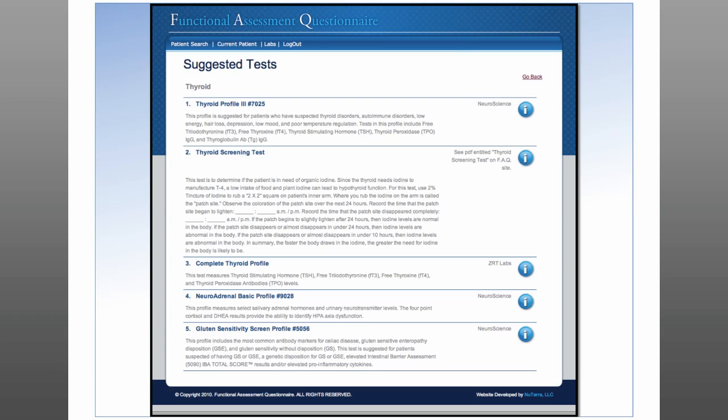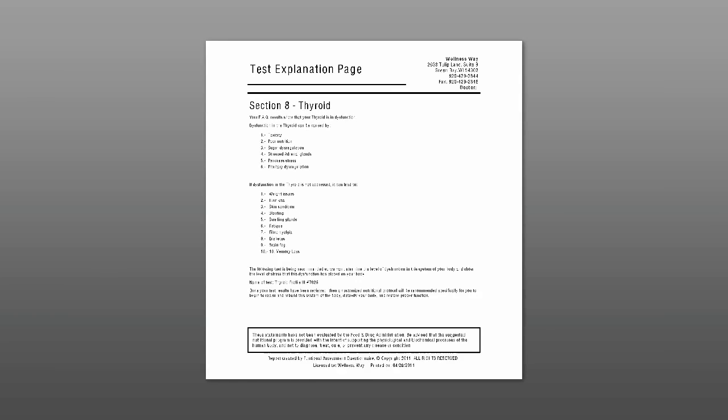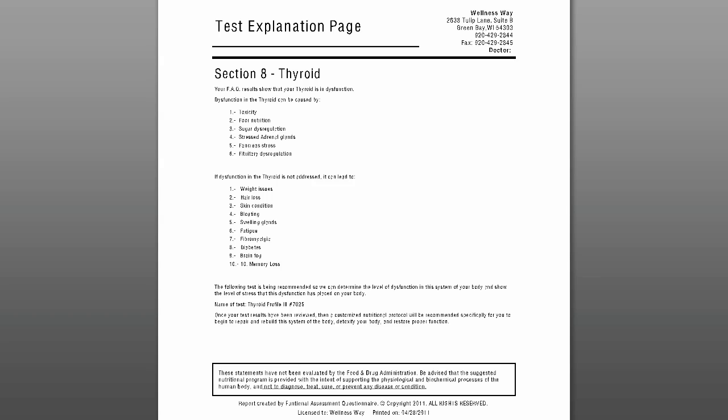Now if you'll notice to your right, there are a bunch of blue dots to the right of each test, and if you click on that, it will give you a report for the patient on that test. So we'll do that. Okay, so then it will give you a test explanation page, and basically what this does is it explains to the patient why you are recommending this test.